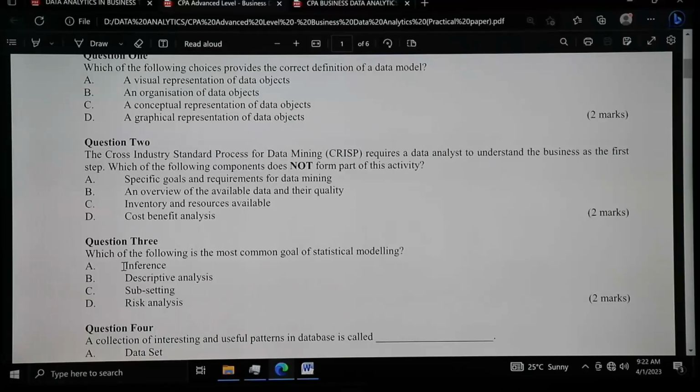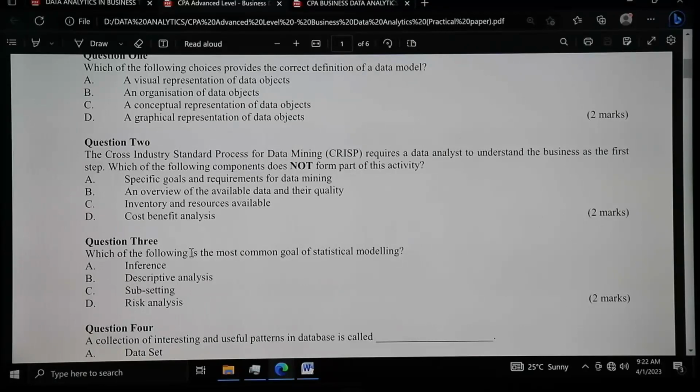The question says: which of the following is the most common goal for statistical modeling? That is, what is the objective of running a statistical modeling?